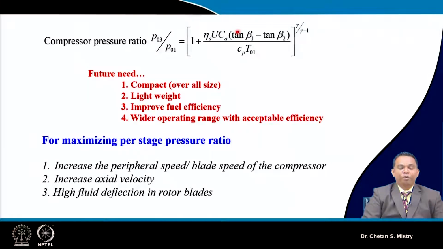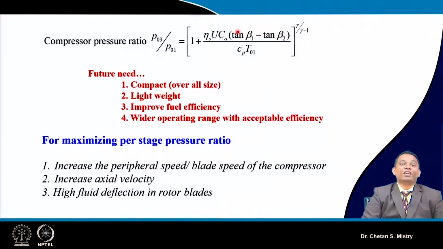Now, when we talk about all this as expectation, what we are looking for is a large per stage pressure rise. When the per stage pressure rise is higher, we are able to reduce the number of stages, which means we achieve compactness.